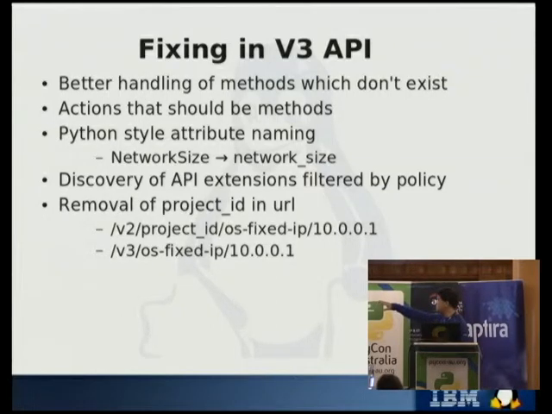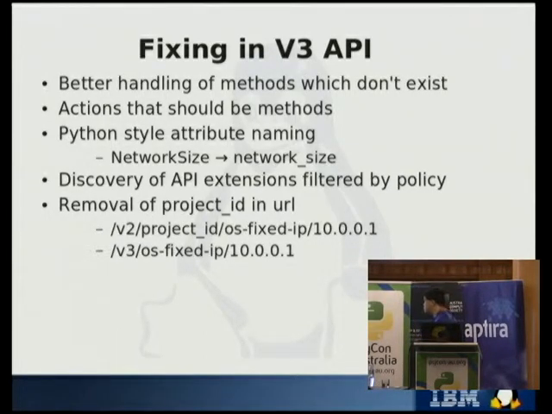Consistent naming: sometimes camel case, sometimes underscores, and we've made those consistent between extensions. You can now, through policy, describe whether or not certain extensions are visible to users. That doesn't actually make the APIs disappear themselves, but at least from the discovery point it does.